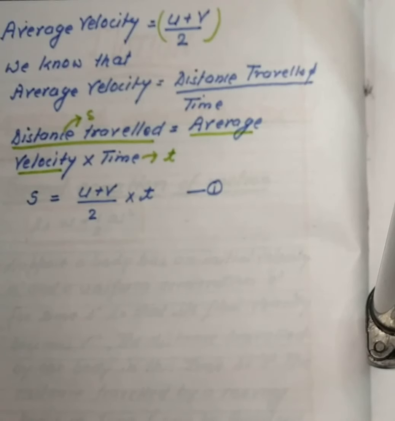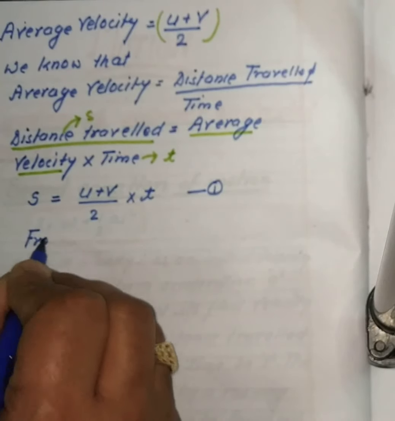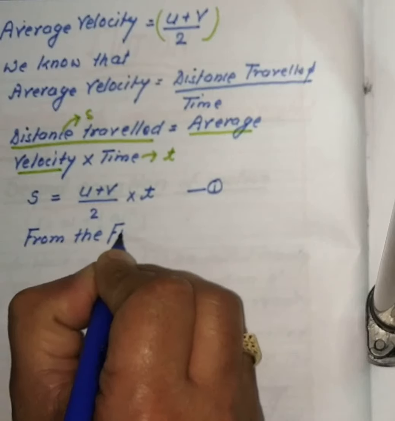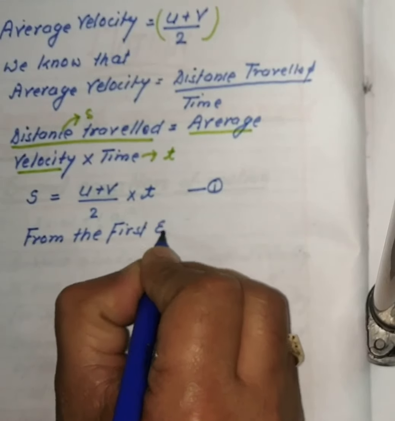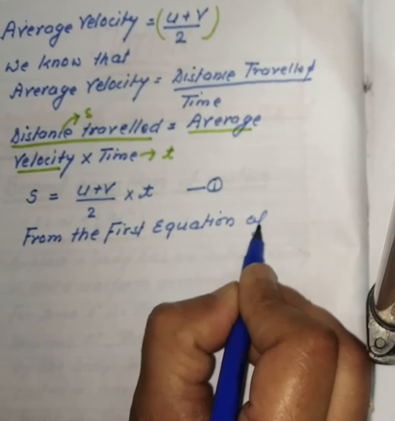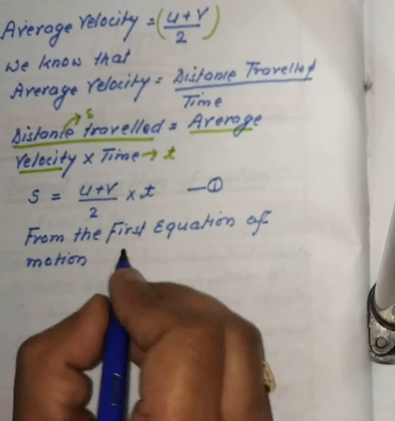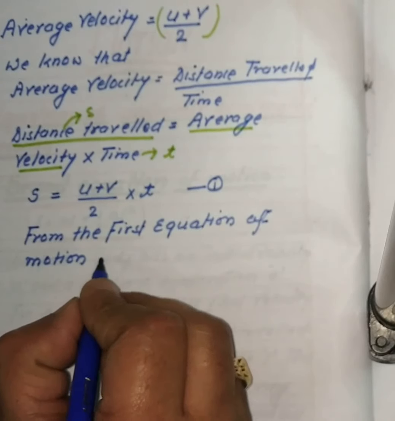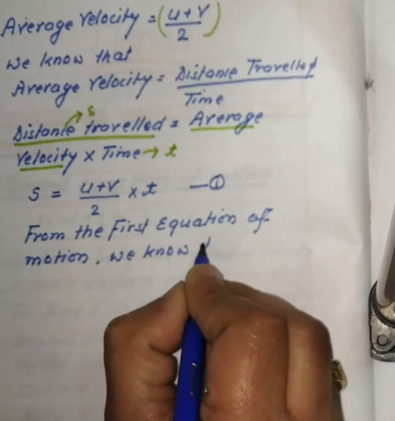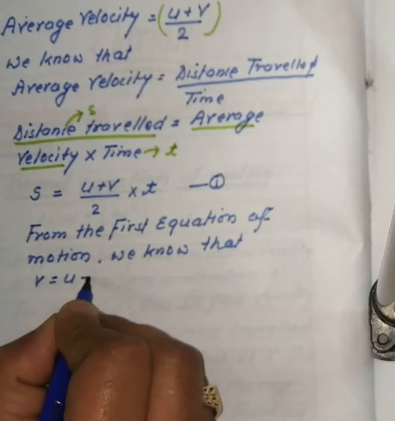From the first equation of motion, we know that v equals u plus at.